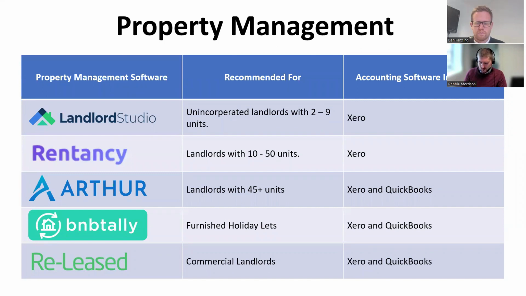The next one we had was B&B Tally, and that is designed for serviced accommodation, furnished holiday lets. This was for Airbnb and Vrbo. Booking.com wasn't integrated yet, so that was one, obviously, I don't know if they're looking into.